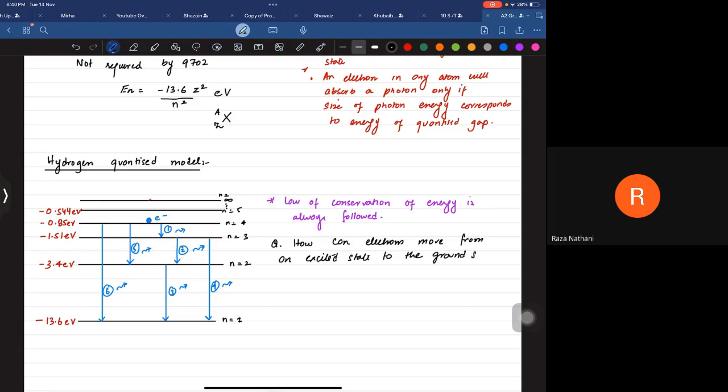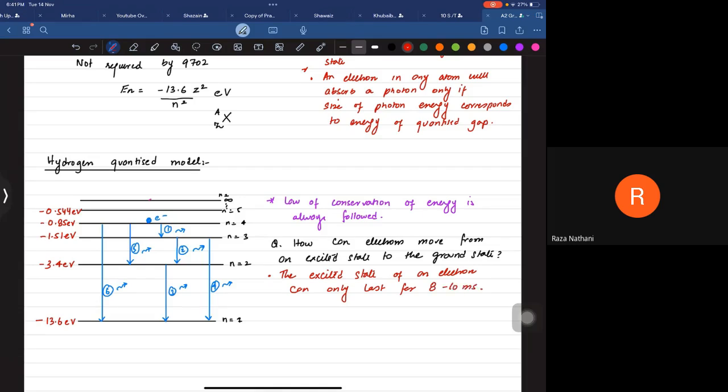In that case, just remember, if they ask you, you're going to write a 3 or 4 mark answer. So you say that the excited state of an electron can only last for 8 to 10 milliseconds.